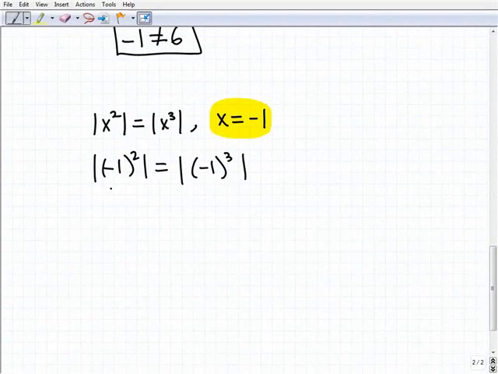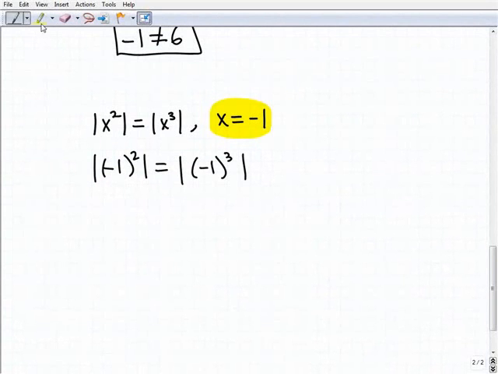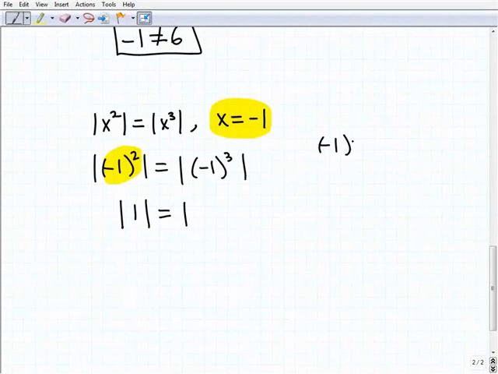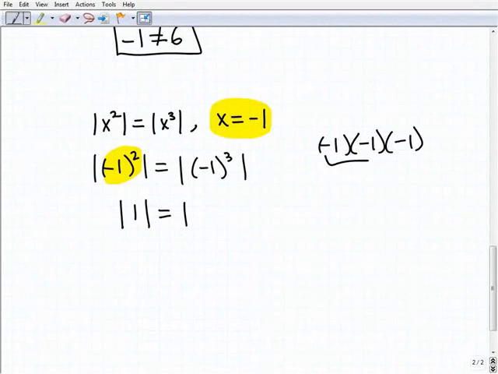Okay, so for the absolute value of (-1) squared, we just saw that (-1) squared written like this is going to be +1. So we have the absolute value of 1. And we want to see if that's equal to the absolute value of (-1) cubed. And that means -1 times -1 times -1. Negative times a negative is a positive. A positive times a negative is going to be negative.